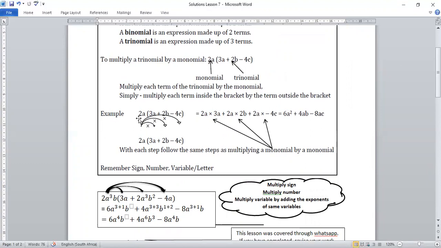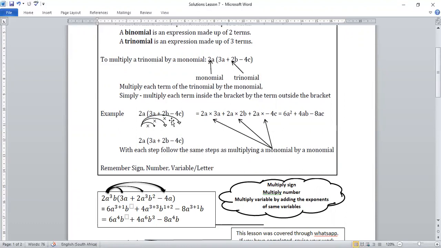we have 2a, which is multiplied by all the terms within the bracket. So the first step would be to multiply 2a by 3a. Because the sign here is a positive, we write down positive. We then multiply 2a by 2b.